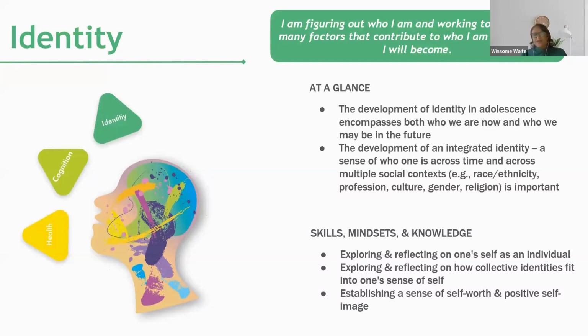Identity in adolescence really encompasses both the thinking about who we are now, but also who we aspire to be, or maybe in the future. Young people are exploring their identities in many ways: their gender, their culture, their sexual orientation, their spirituality, social activities, politics, all of those things.